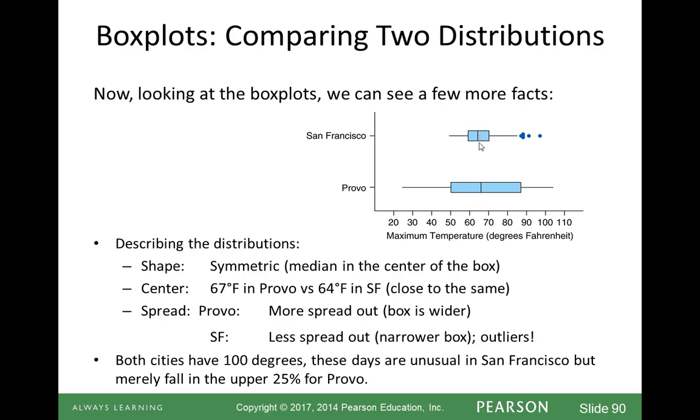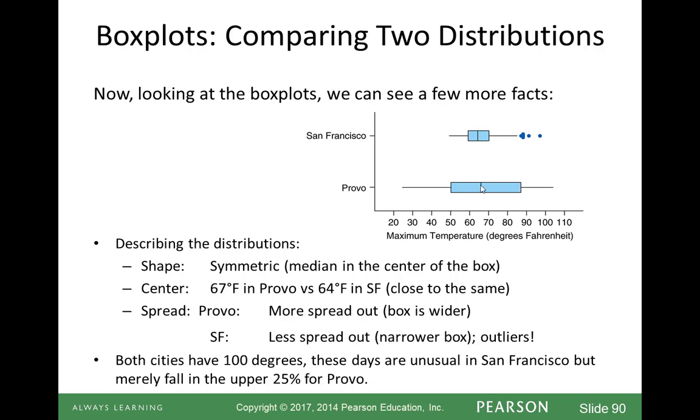Notice that San Francisco, the median in this case, is a little below Provo. Notice that the Provo data is more spread out and has no outliers, where we've got some outliers in our San Francisco data. And so how do we know that Provo is more spread out?